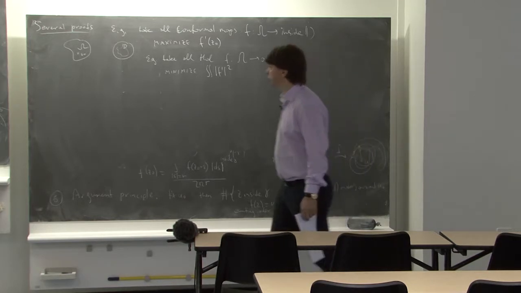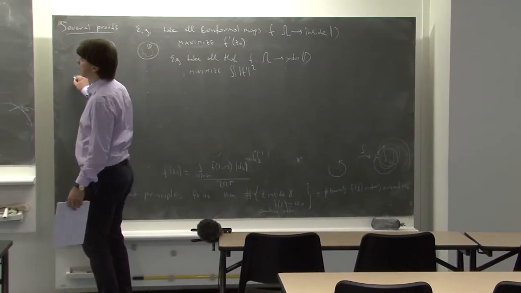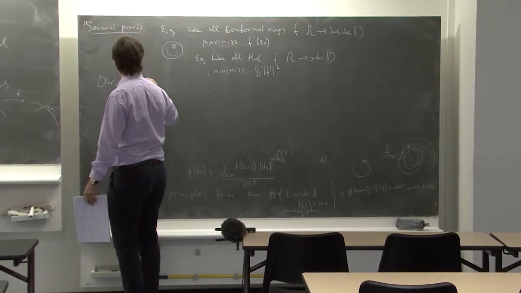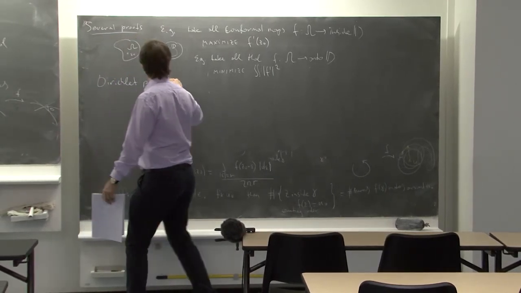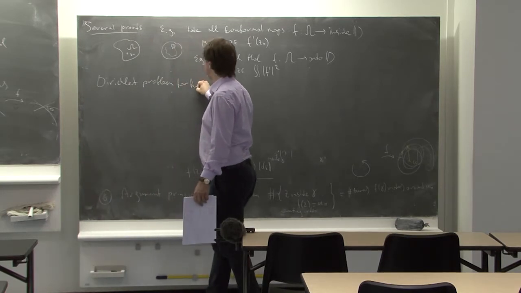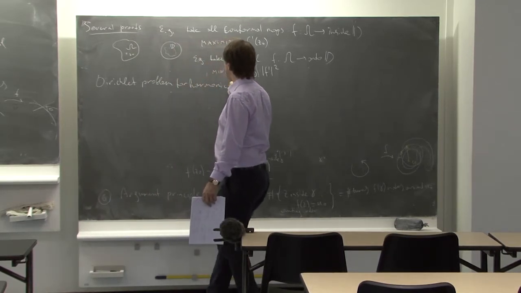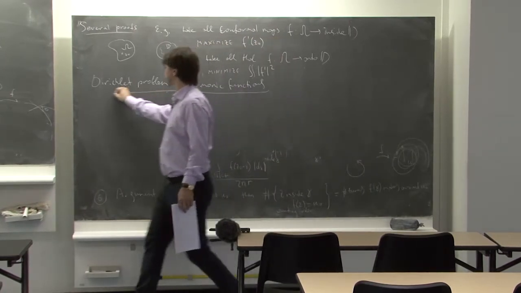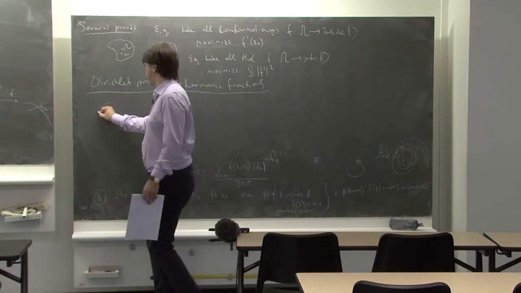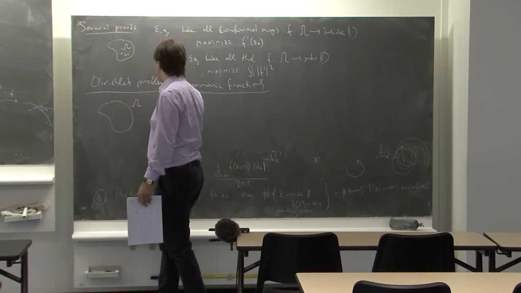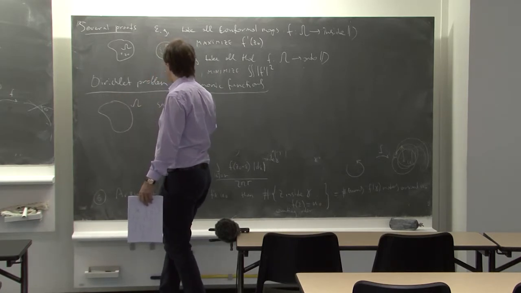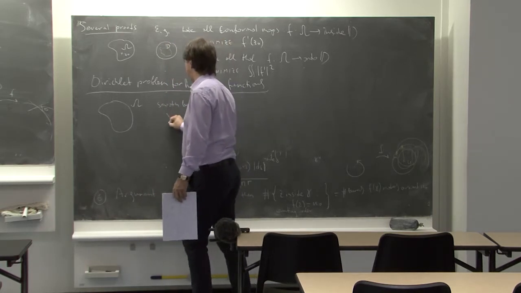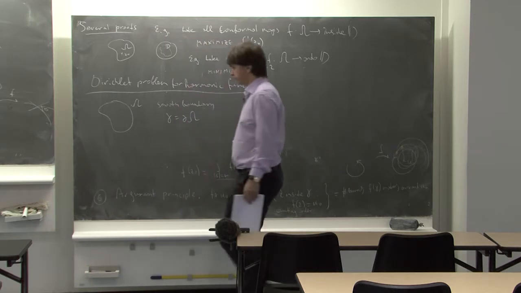And this is related to the Dirichlet problem for harmonic functions. This says that if you have a domain omega, let's say with smooth boundary, so I will simplify the thing, smooth boundary gamma equal to the boundary of omega.